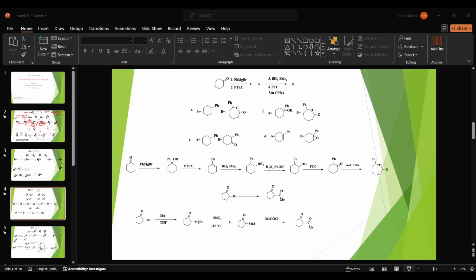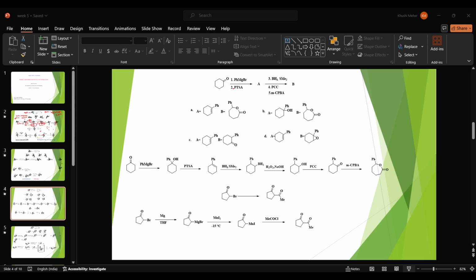What will happen? First, it reacts with our keto group, and you will get your corresponding hydrazone. After that, we are using two equivalents of n-butyl lithium. First, it will extract this nitrogen proton, and after that, what will happen?